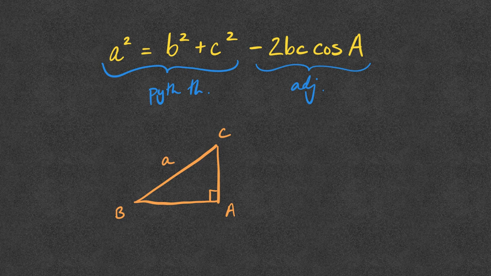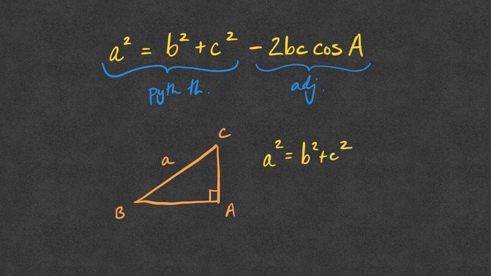Follow along. I hope you guys can see that triangle I just drew in orange would be very similar to what I would use for my cosine law. I could write out a cosine law for that. That would be a squared equals b squared plus c squared.